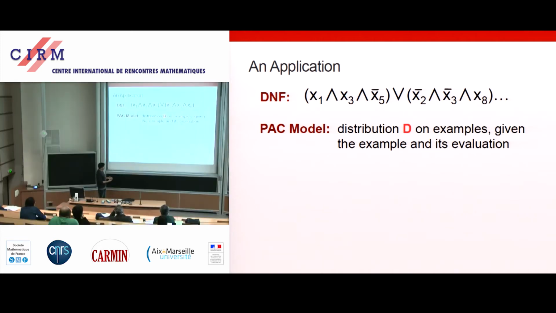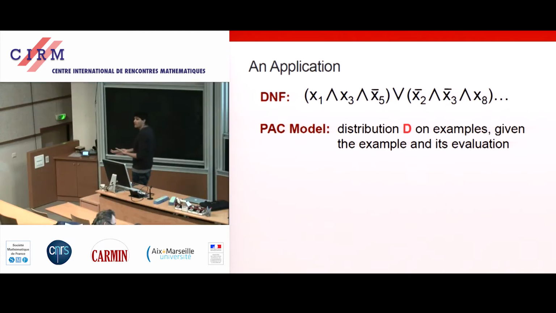Now, in fact, this is a very standard question to study in learning, a very natural model of some of the labelings that you would see. In a supervised learning context, when you see some example along with some categorization of it, a lot of times you assume that underneath it is some DNF formula that actually tells you what the label is.